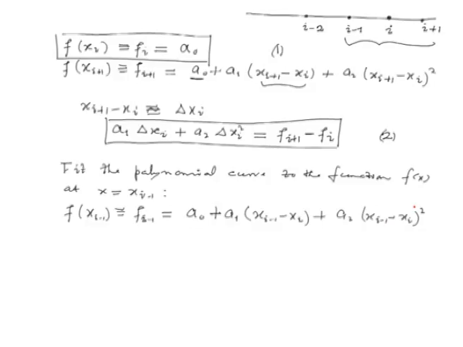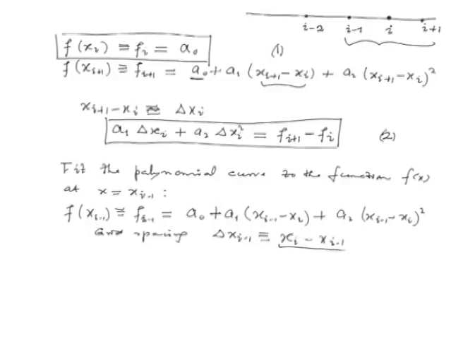Introduce the grid spacing, delta notation. So, delta x i minus 1, this stands for xi minus x of i minus 1.